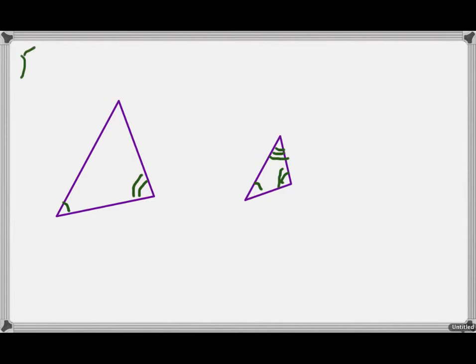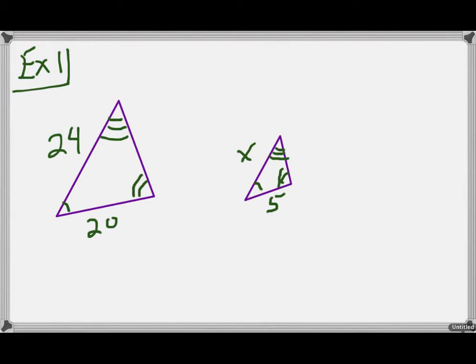And I better put example 1 here. And let's put some dimensions to these shapes. Now, we'll let this guy be 24 and this be 20. And let's say this is 5 and this is x.